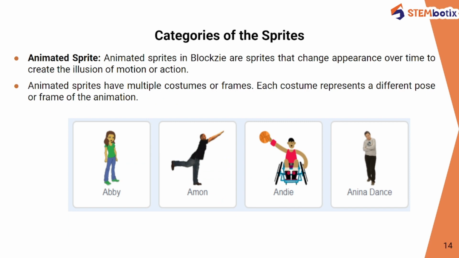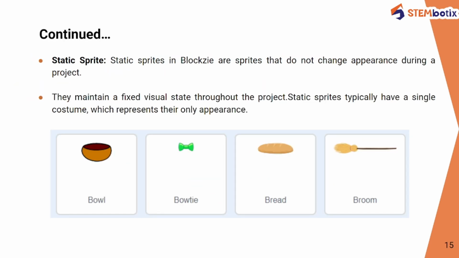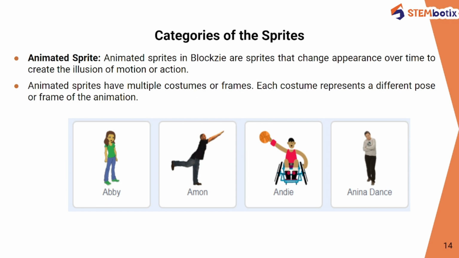So these are the two different categories of sprite. The first one is animated sprite and the other one is static sprite. Animated sprites in Blockzie are sprites that change appearance over time to create the illusion of motion or action.